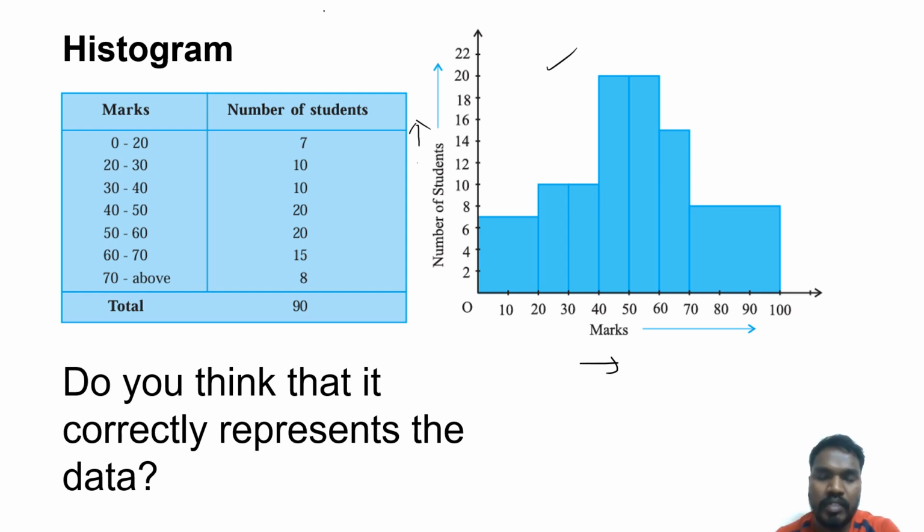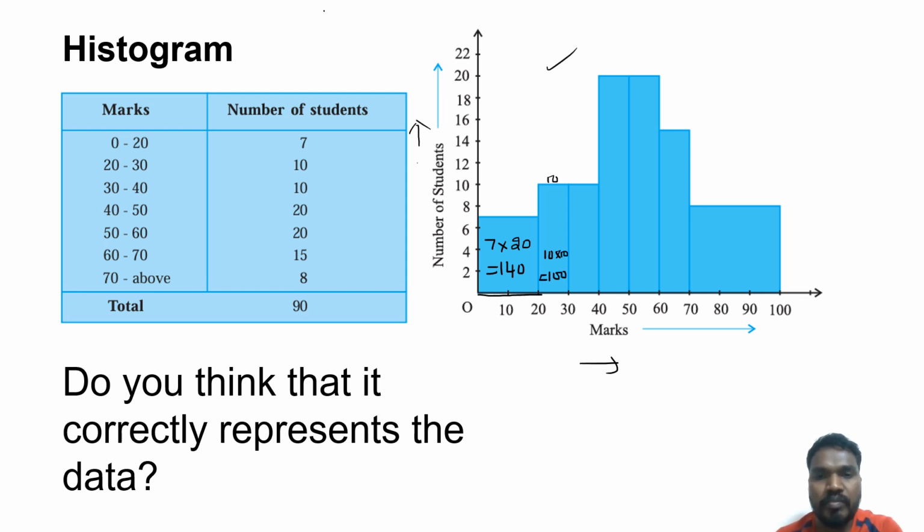How will we check? As I said, we find the area of this rectangle. The length is 7 and the breadth is 20, so it is 140. Now look at this one. The breadth is 10 and the length is 10, so it is 100.